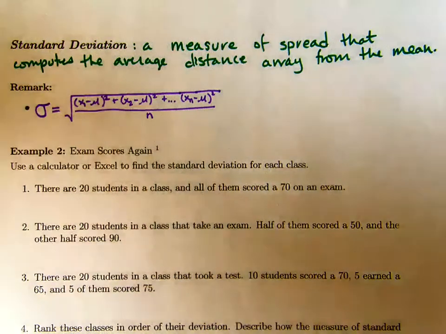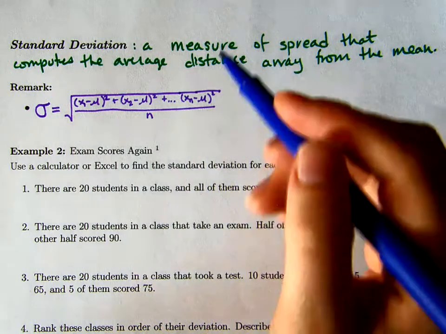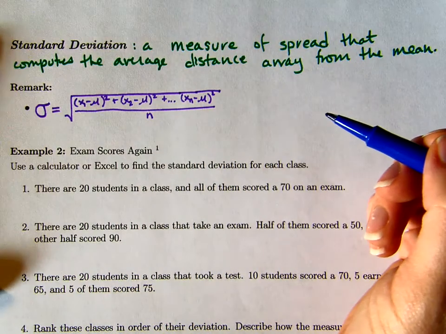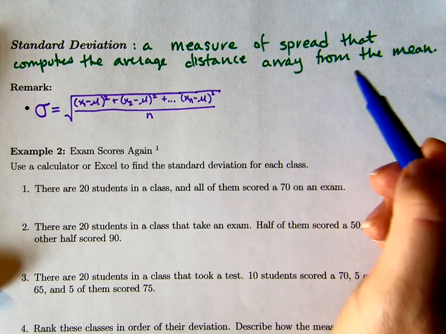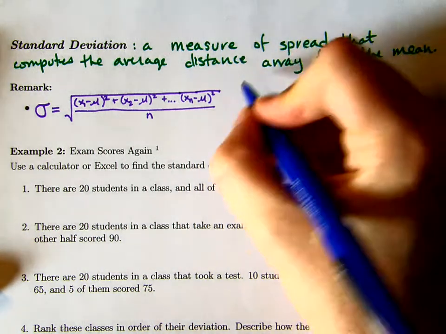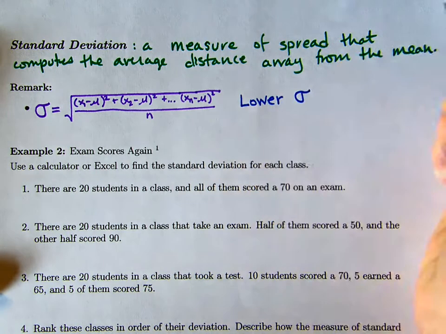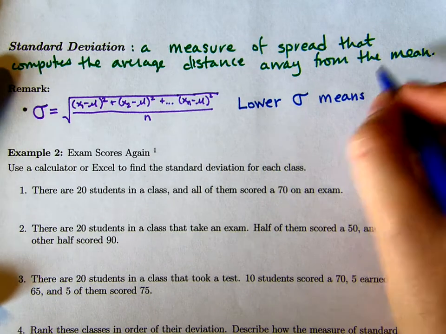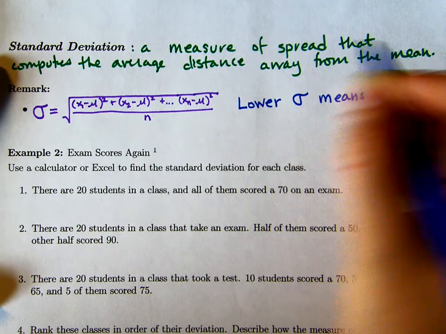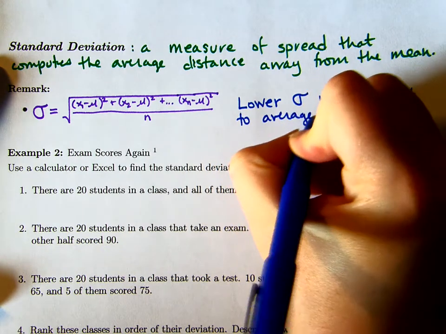But I'm going to jot down this other remark that I think is more relevant, and that is the lower the standard deviation, the less distance they are from the mean. So lower standard deviation means closer to average.